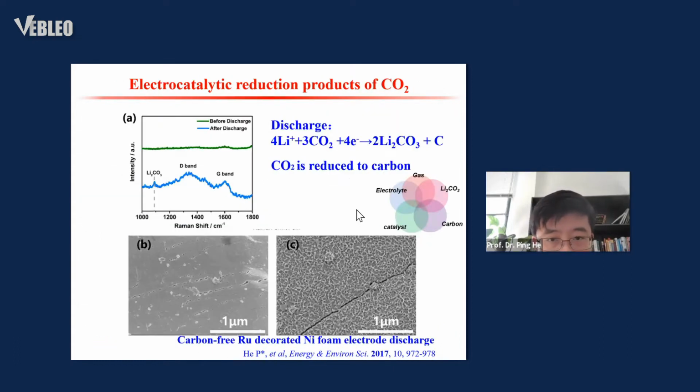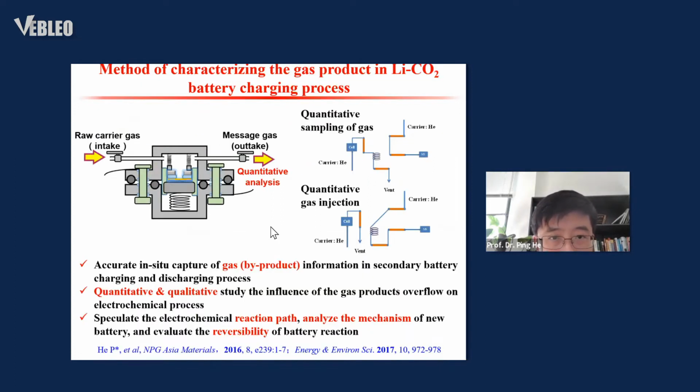In the test of this Raman characterization, we can see the D band and the G band for the carbon form, so the carbon dioxide is reduced to carbon. Next we will use GC-MS to test what gas product forms in the lithium carbon dioxide discharge.